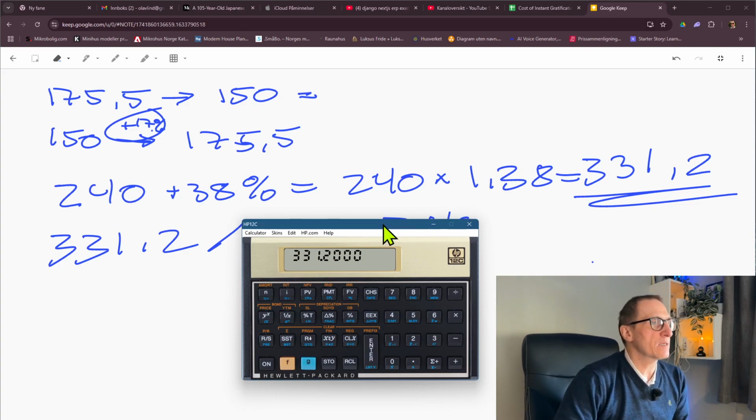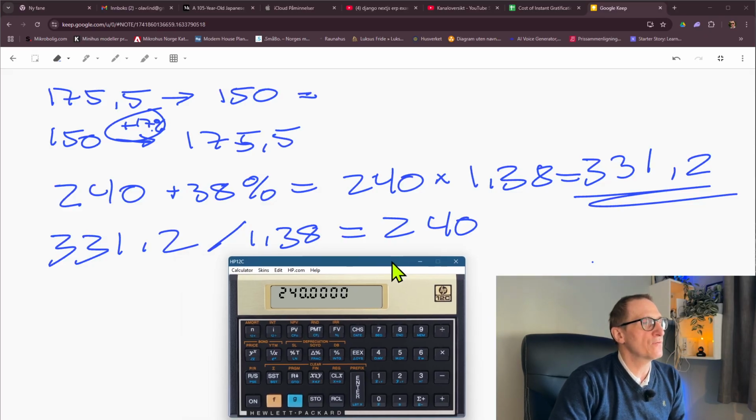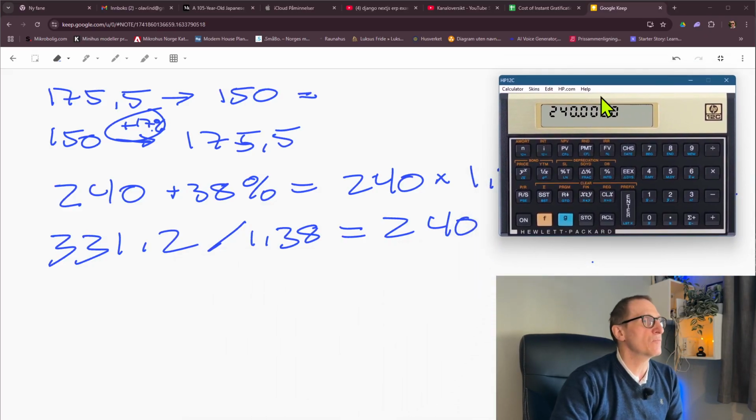That's the exact opposite calculation. Let's do that one also. 331.2, enter, 1.38 divided, we get 240. We get back to the original number.